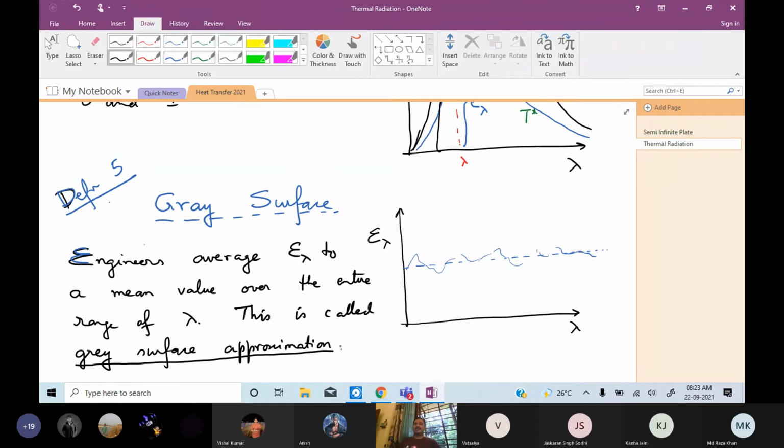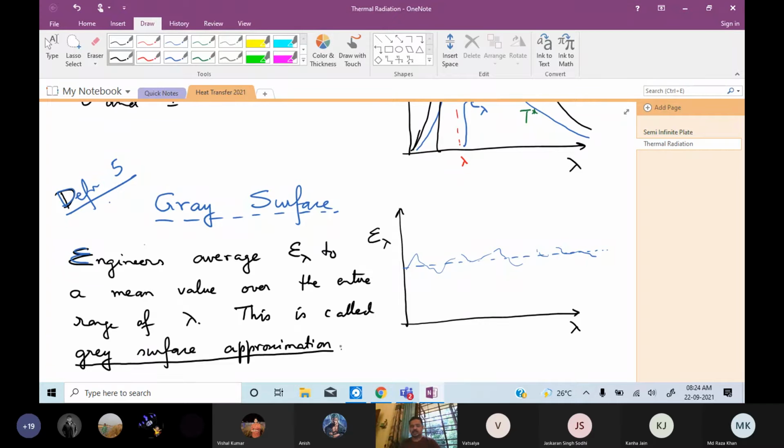So let's say from 0.1 to 0.5 microns, the emissivity is 0. Let's say 0.5 to 5, the emissivity is around 0.5. And then 5 microns to infinity, it is 1.